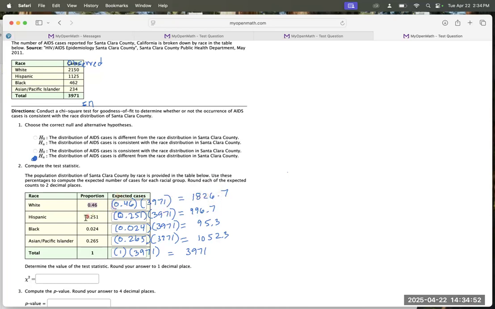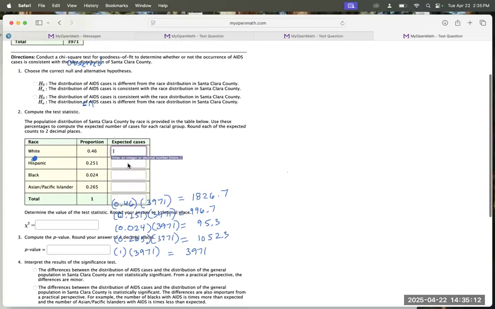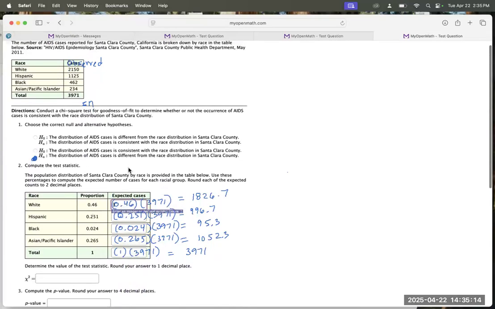So all we did was take these decimal values and multiply them times our N value, 3,971, and we got these expected values. We can't easily double check them, but anyways, that's what we get.